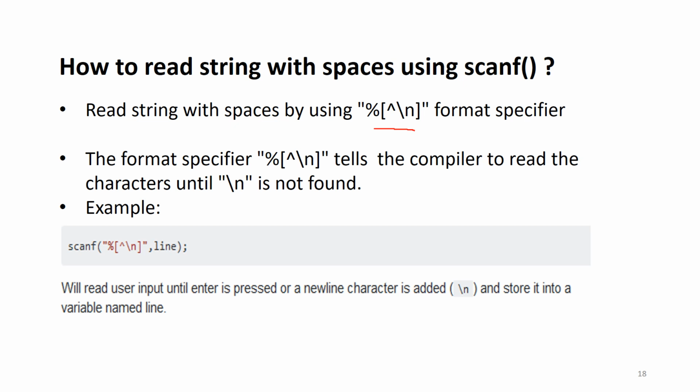The format specifier is represented as percent, within square brackets, the negation symbol, \n. It tells the compiler to read the characters until a new line is encountered. An example scanf statement is given here: format specifier, comma, the string variable name. This will read user input until enter is pressed or a new line character is added, and store it to the variable named line.